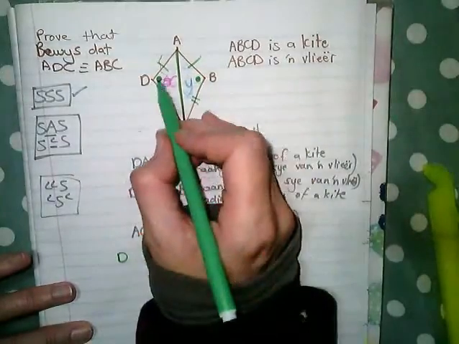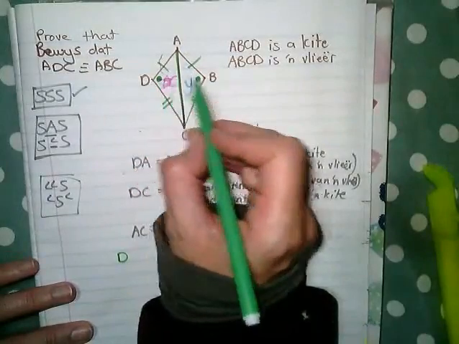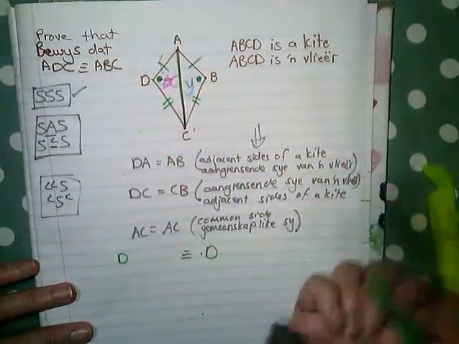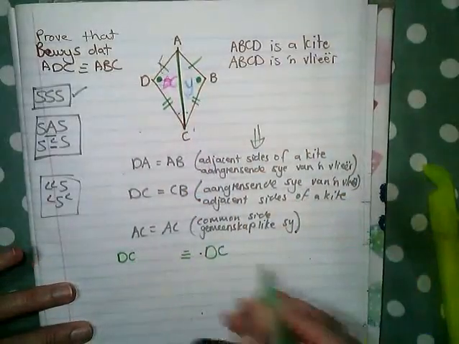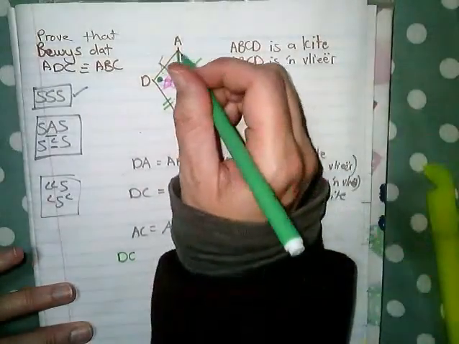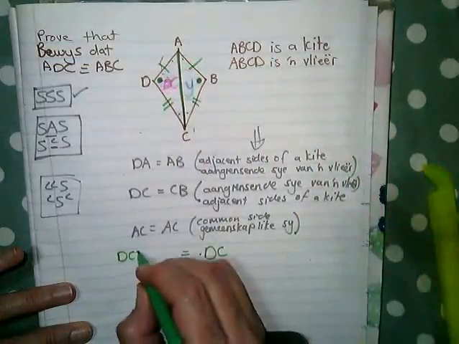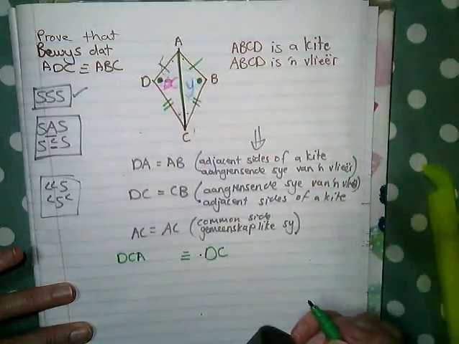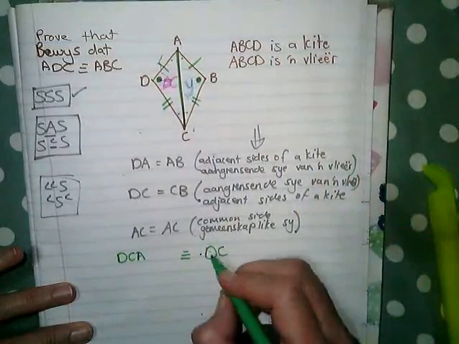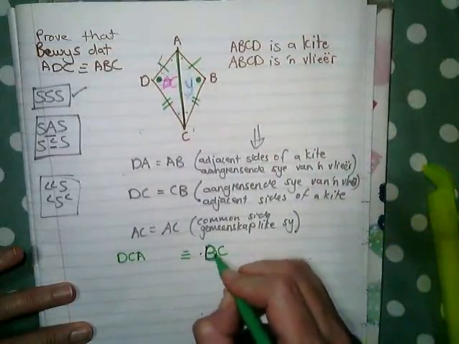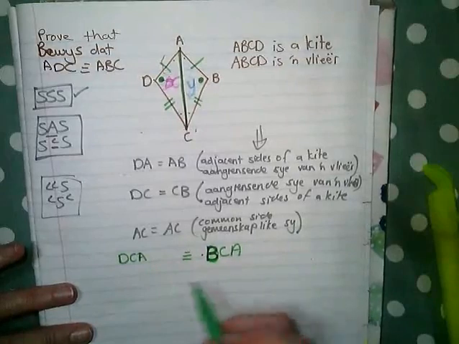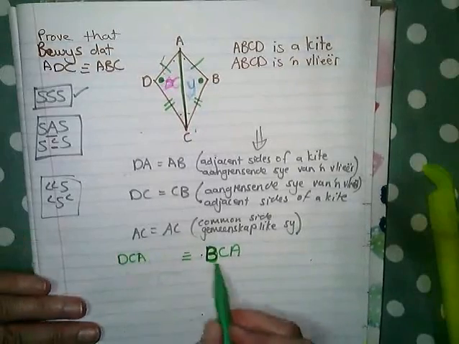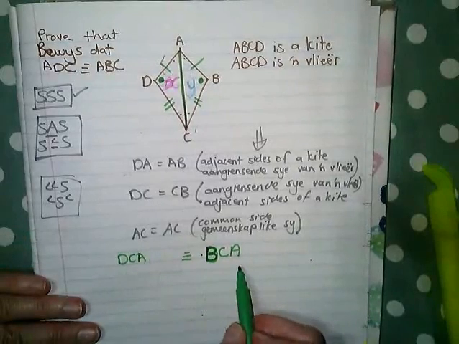Then these two are going to be equal, so we write their names second, and then that one is left. Sorry, B, C, A. Okay. How is this triangle congruent to that triangle? With side, side, side. Okay.